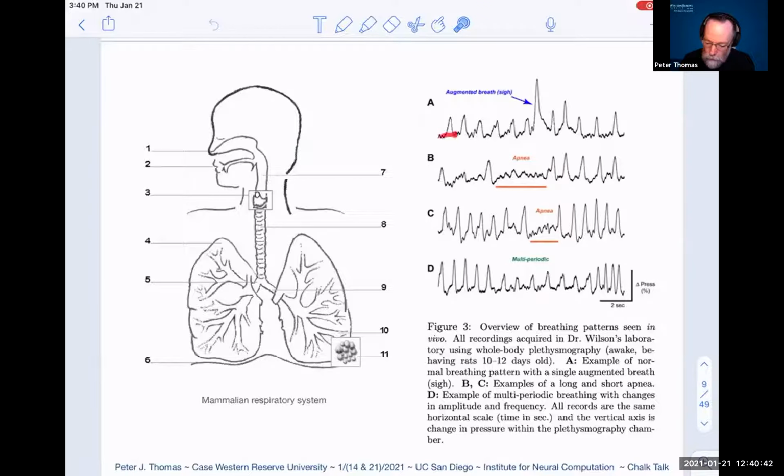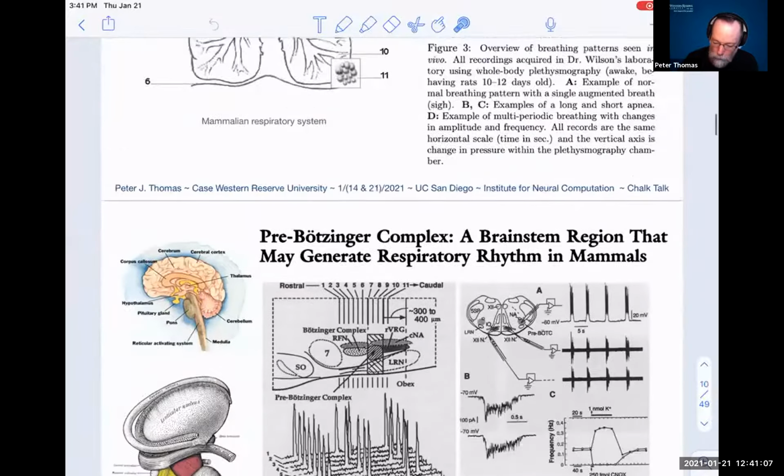And we see that also in the mammalian breathing system here, this very large spike. So this is regular breathing, what we would call eupnea. And then occasionally it's interrupted by this very large inward breath. I don't have a lot to say about that in this talk, but we have a grant under review where one of the things that we propose to figure out is what's going on with those. So I just thought I would put that up there at the beginning.